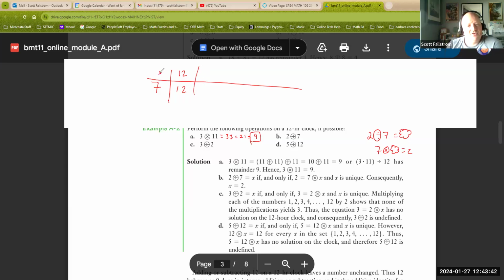Okay, this is multiplication. 7 times 1 is 7. 7 times 2 is 14, but on a 12 clock would be 2. 7 times 3 is 21, but on a 12 clock, that's 9. 7 times 4 is 28, but I take away 12, I take away 12, that's 24. That gets me back to 4.